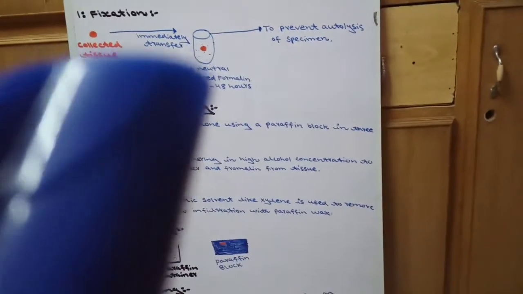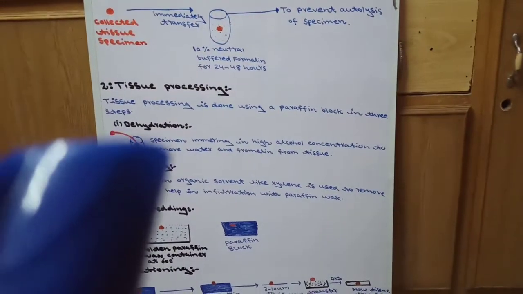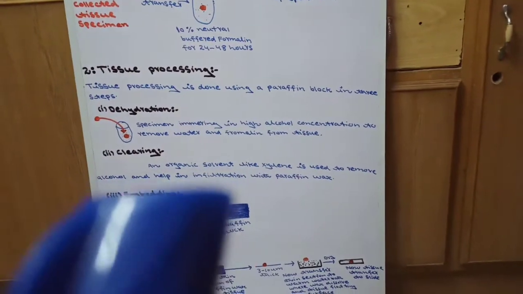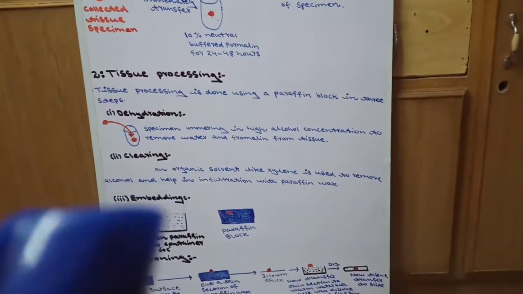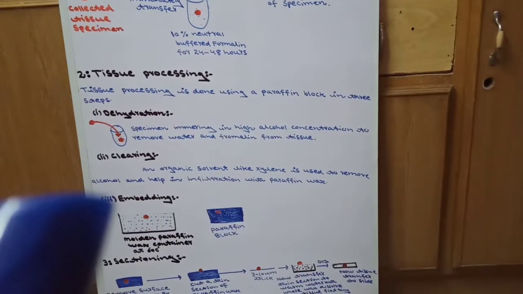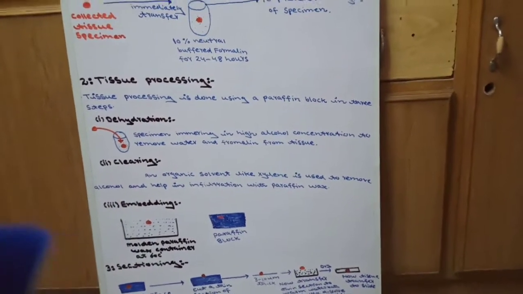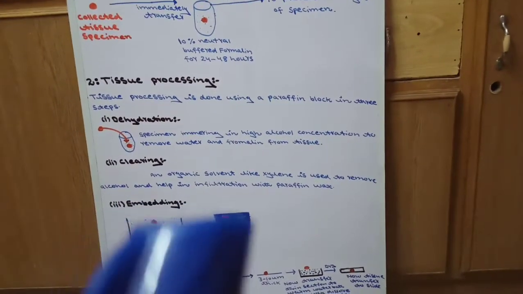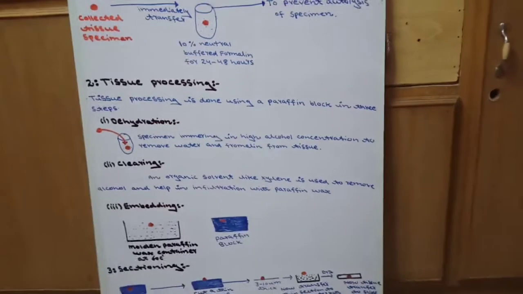To remove formalin we use alcohol. To remove alcohol we use xylene. In clearing, an organic solvent like xylene is used to remove alcohol, and the second advantage of xylene is that it helps in infiltration with paraffin wax.